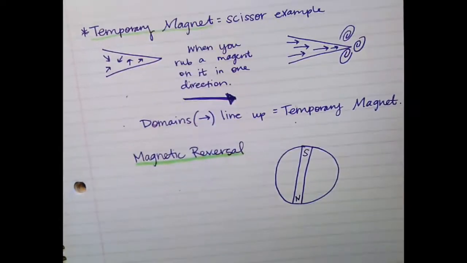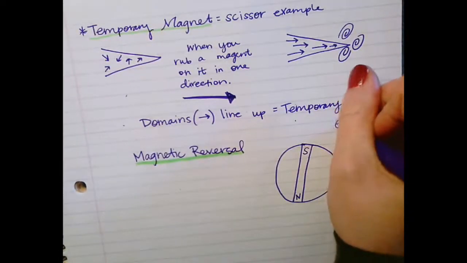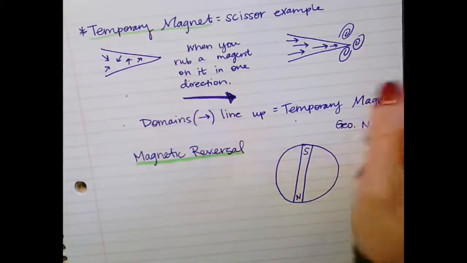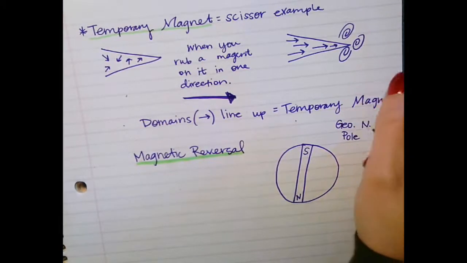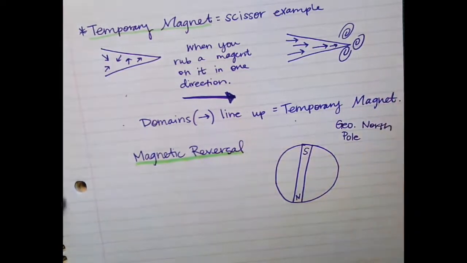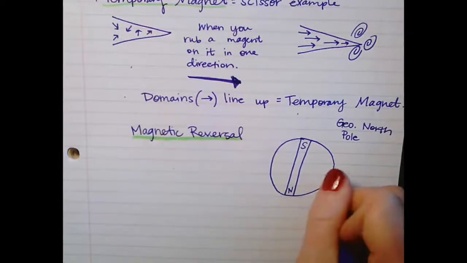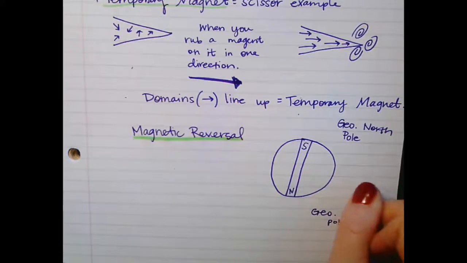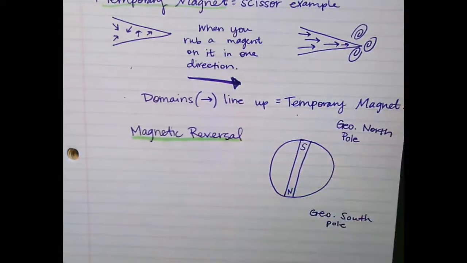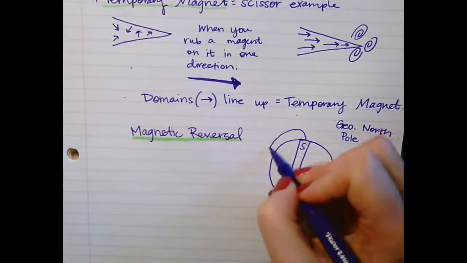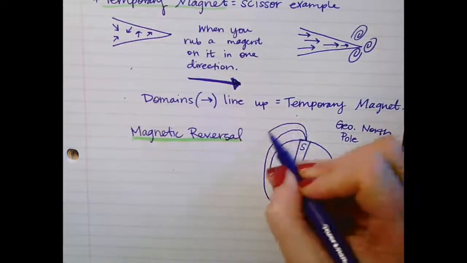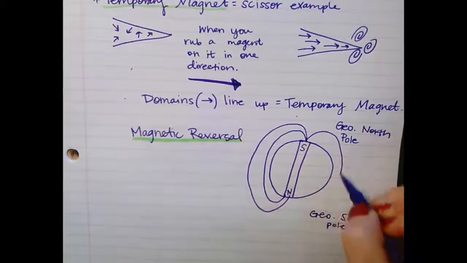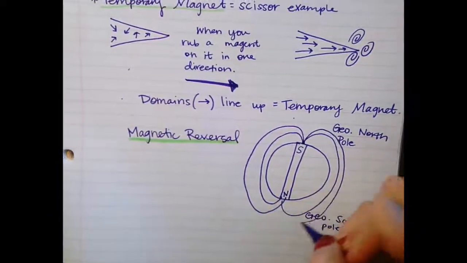What you will find is this up here is what we would call the geographic North Pole. And this is what we would call the geographic South Pole. I did draw it at an angle because it is rotated on its axis. There's a magnetic field around the Earth, and it has these little domain lines around it.